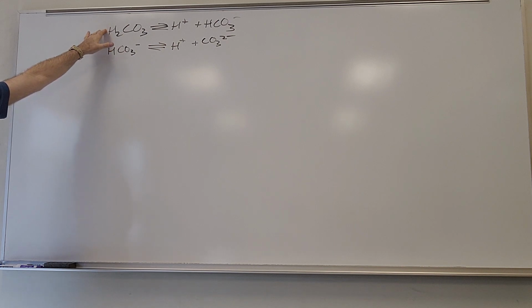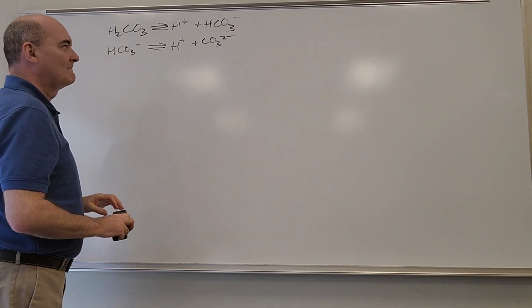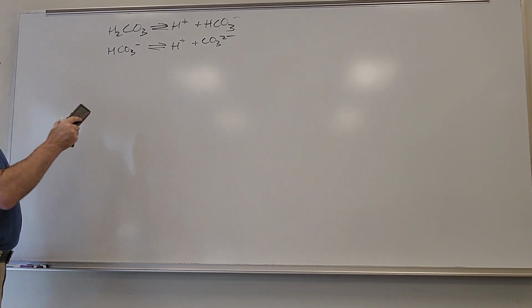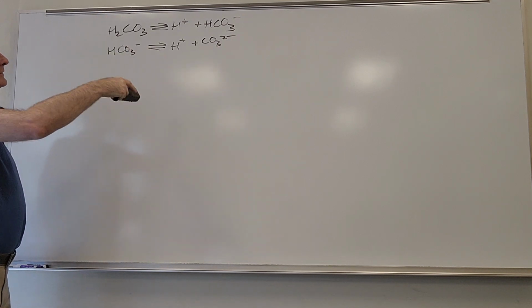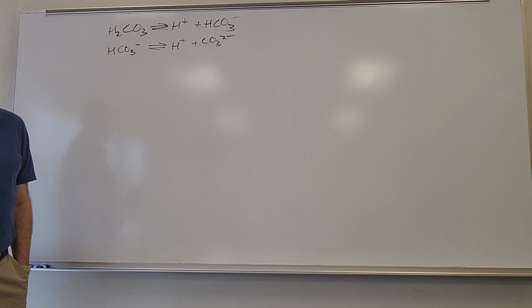So we'll build to that by doing a few things. Even though that's complicated, it is within bounds that there are only four things that could possibly be in solution, right?